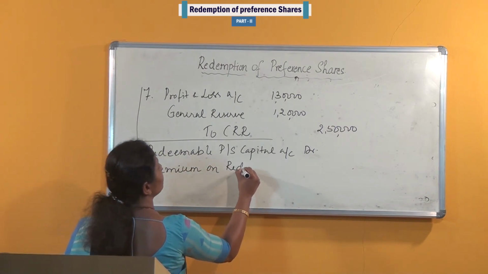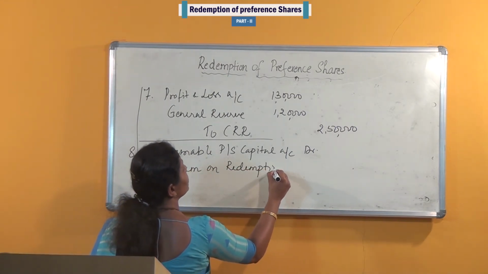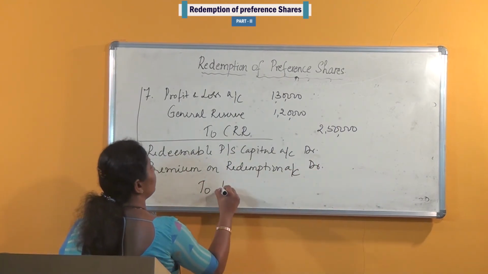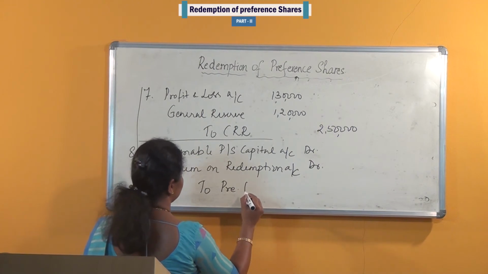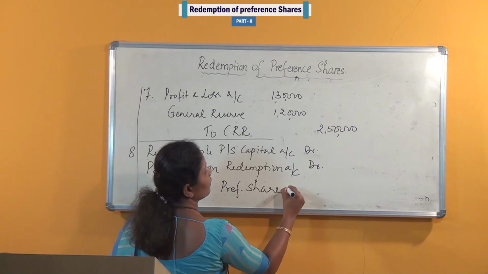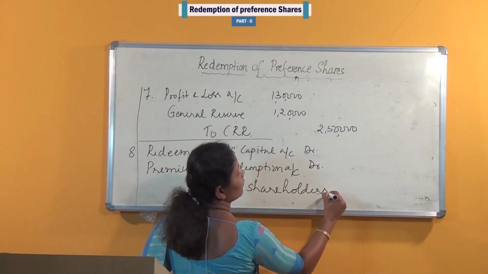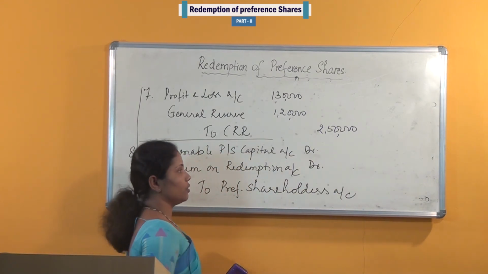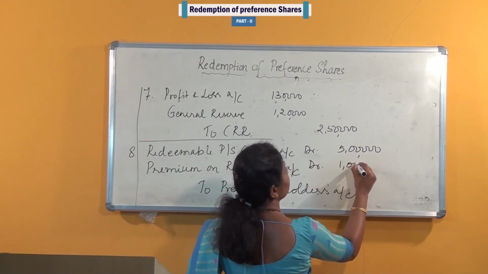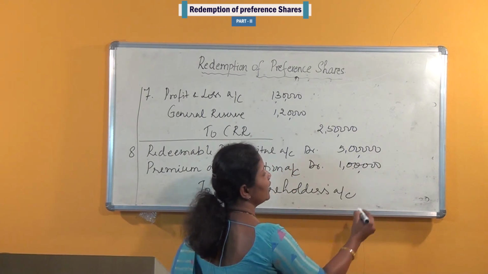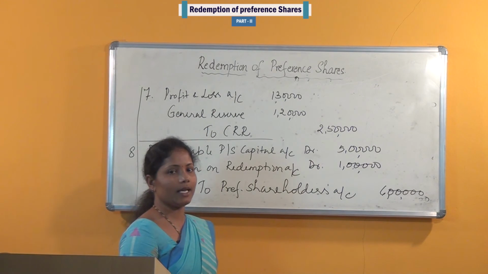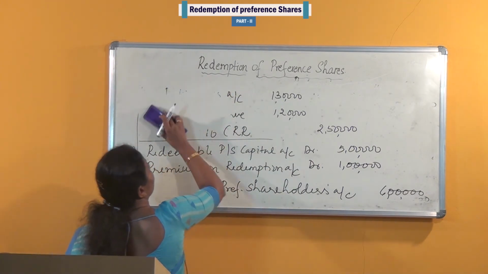So, premium on redemption has to be debited as it is a loss to preference shareholders account. So, capital to be redeemed is 5 lakh, premium on redemption in this problem is 1 lakh. So, total amount payable to preference shareholders is 6 lakh, and final entry is for actual payment.